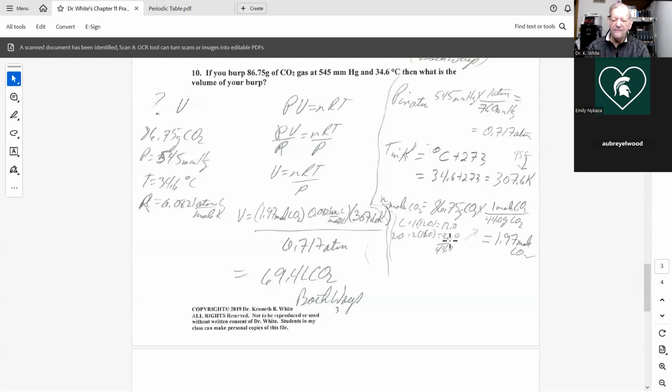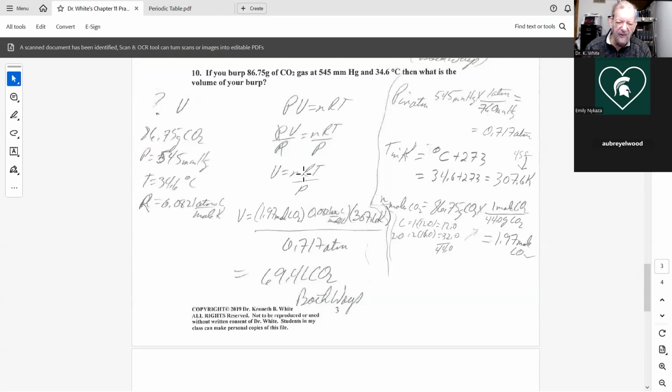And therefore, 1 times 12.0 is 12.0, 2 times 16.0 is 32.0. Add them up, 1 significant figure to the right of the decimal. So the molecular weight of CO2 is 44.0. And 1 mole, 44.0, 4 significant, exact number 1, 3 significant, 3 significant figures. So now we have n.